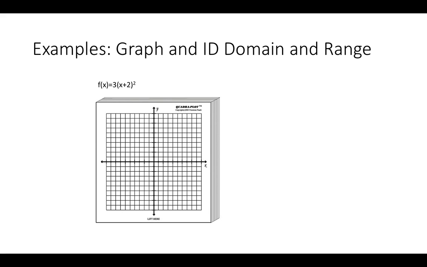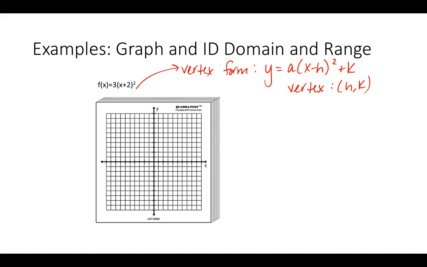So just to review from 2.1, we had y equals a times x minus h quantity squared plus k, where your vertex was located at that point (h, k). And so here, our vertex would be located at (-2, 0). So we could plot that point at (-2, 0), and then pick a couple others to finish our graph.